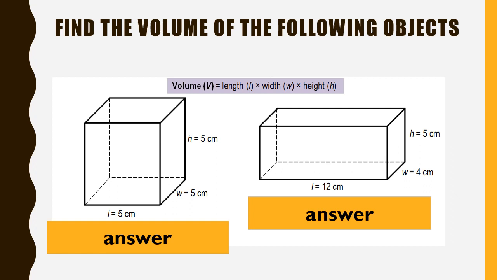I want you to find the volume of the following objects. Use the formula length times width times height. For number 1, the height is 5 centimeters, its width is 5 centimeters, and its length is 5 centimeters.